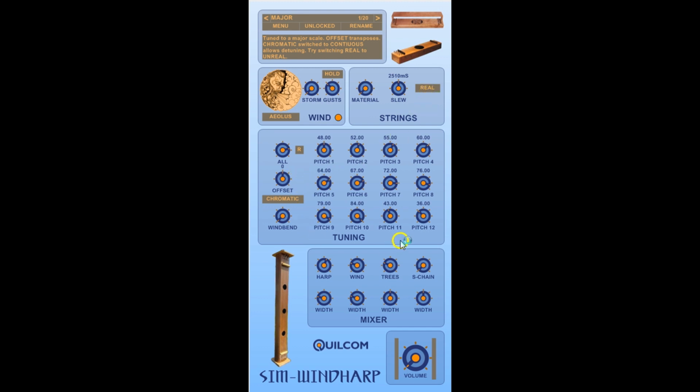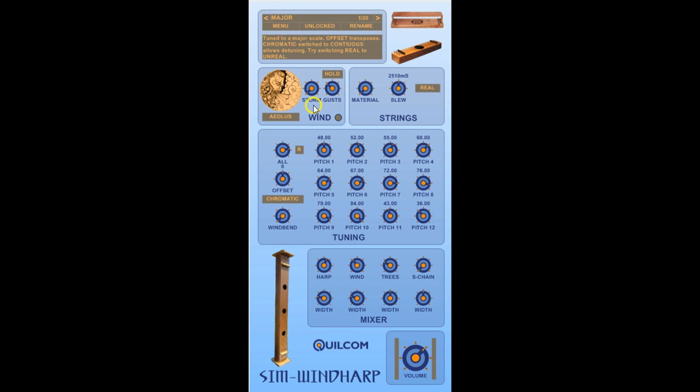This big panel here allows you to tune each of the 12 strings as you wish, and I'll go into all of this in more detail. And the mixer is where you can mix the harp sound, the wind sound, and the trees rustling, and any sidechain input you may have.